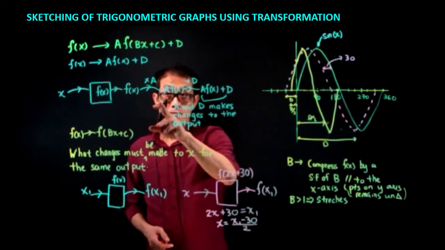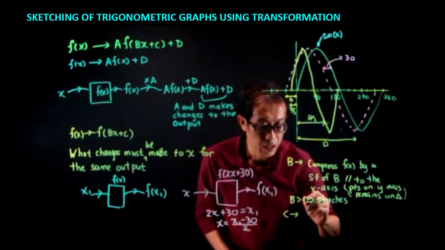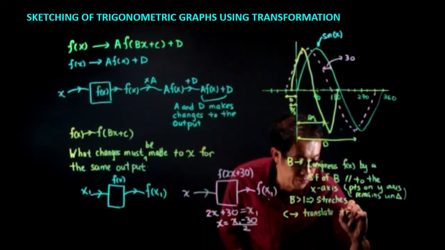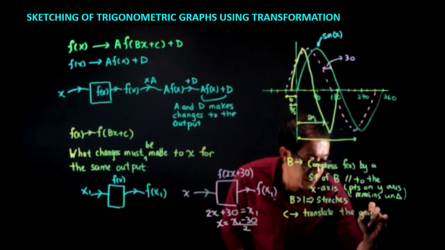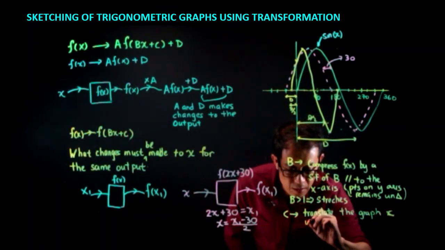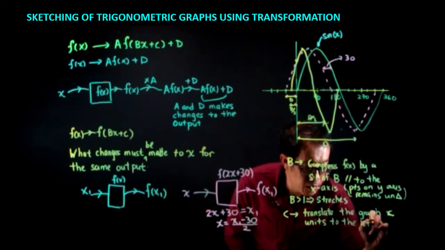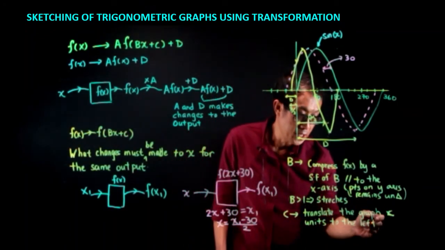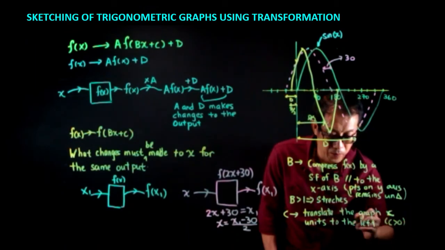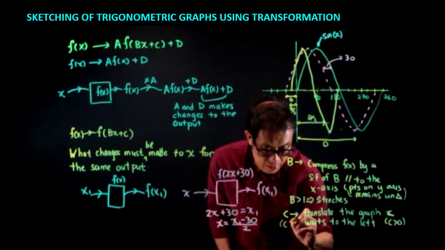Now, how about C? C will translate the graph C units to the left, in this case for C greater than 0.